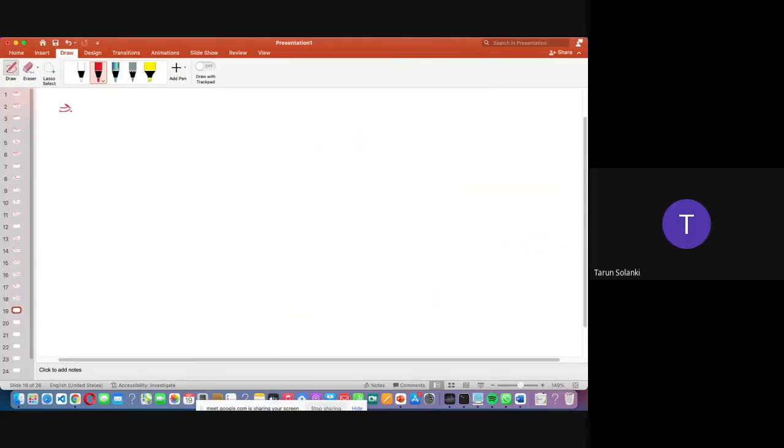Next is triangular matrix. So there are two types. First is upper triangular matrix, upper TM. Example: 5, 9, 1; 0, 6, 4; 0, 0, 8. So this is your upper triangular matrix because the elements are in the upper triangle.